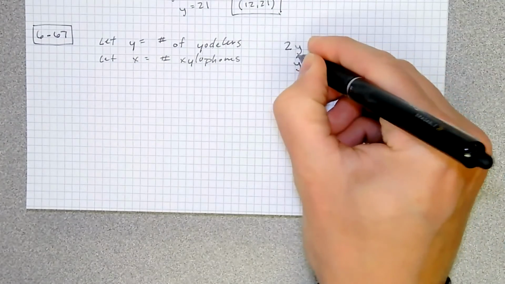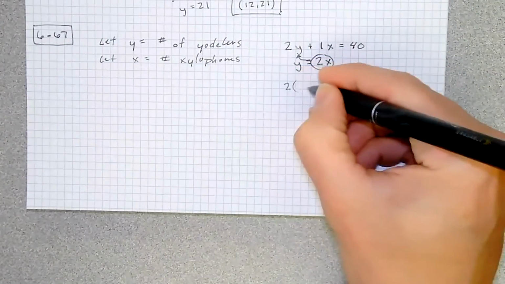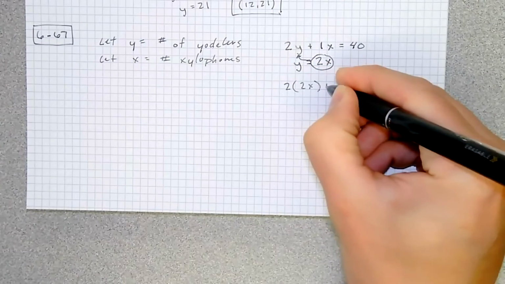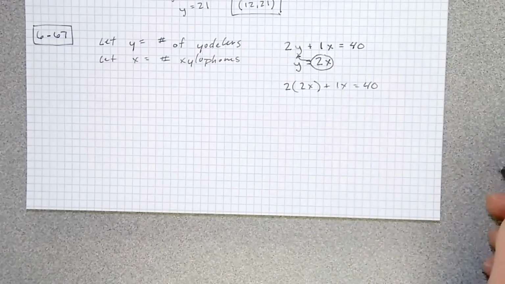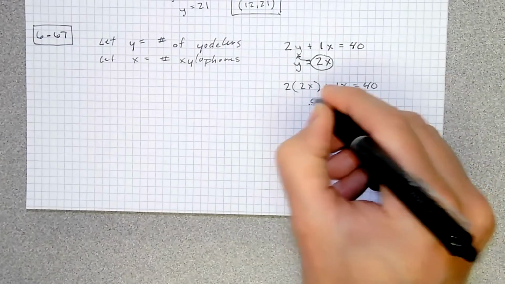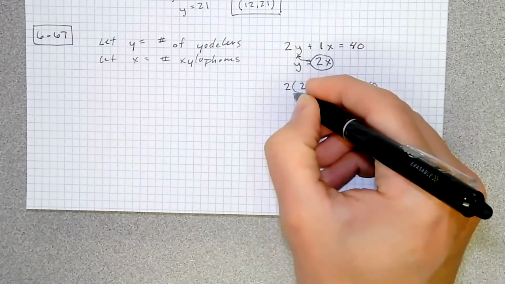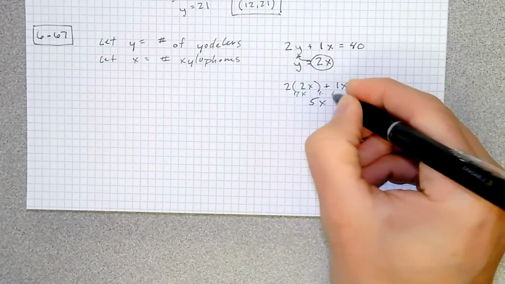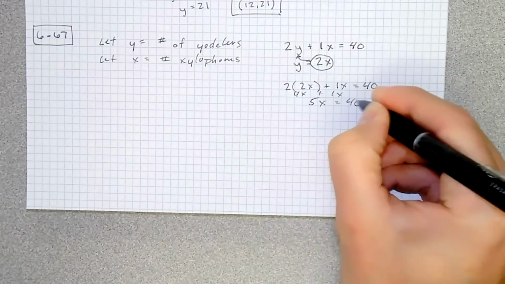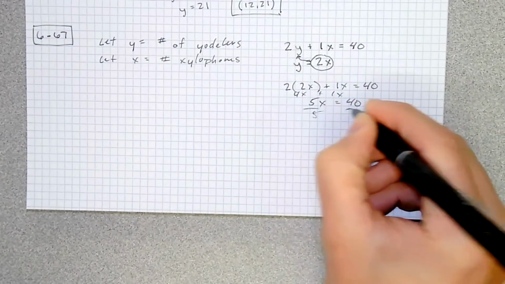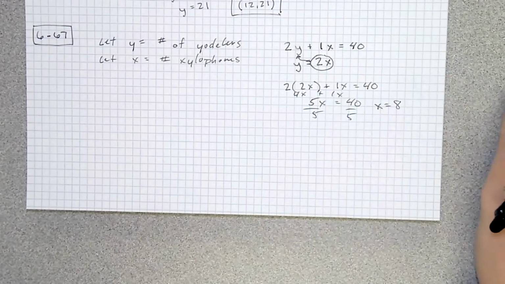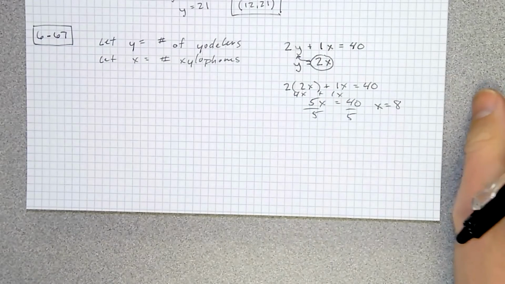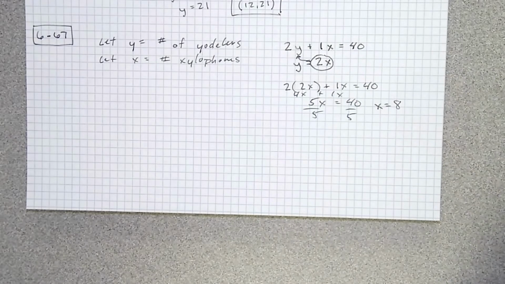Take this 2x, plug it in for that y there. We get 2 times 2x plus 1x for a total of 5x, equals 40. Divide by 5, so x equals 8.